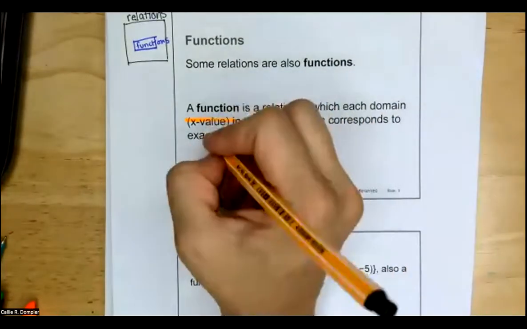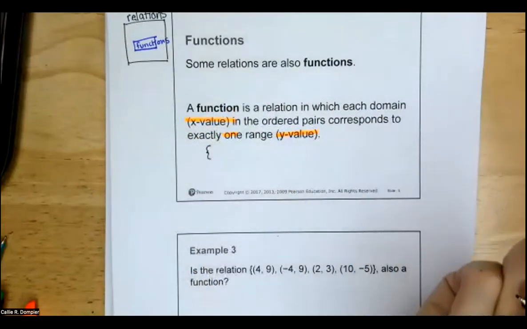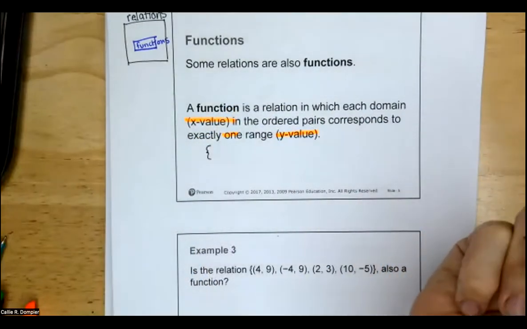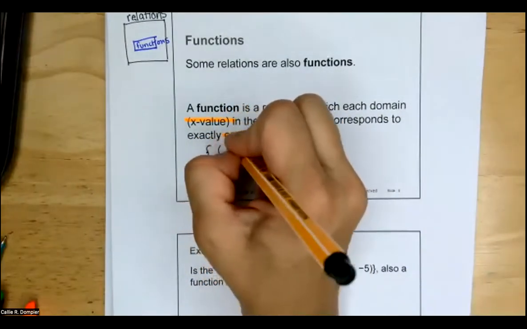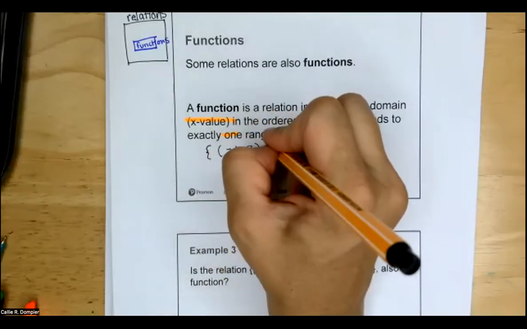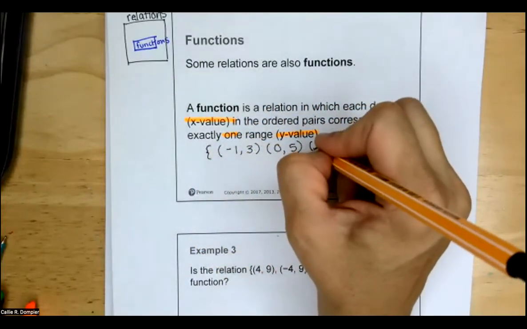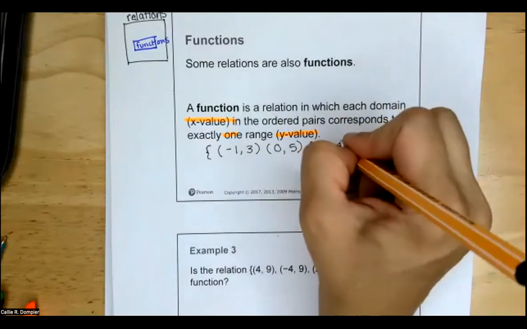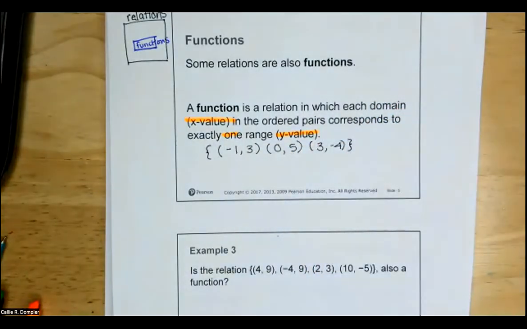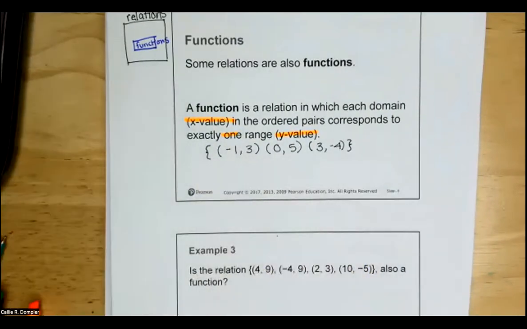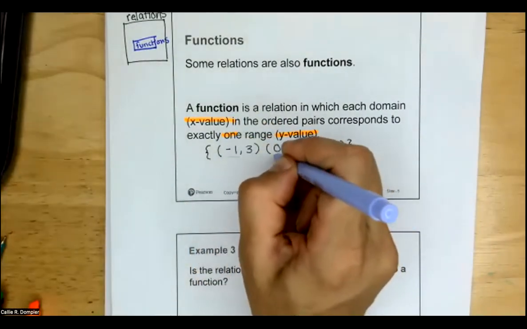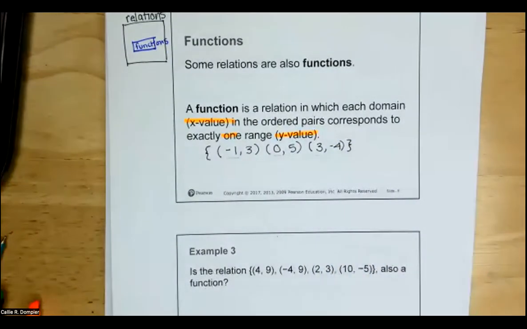I'm going to make a relation. You tell me if it's a function or not, all right? (-1, 3), (0, 5), and (3, -4). Is this a function? Think about your x's. Are the x's unique? We have a -1, a 0, and a 3. Those are all unique.